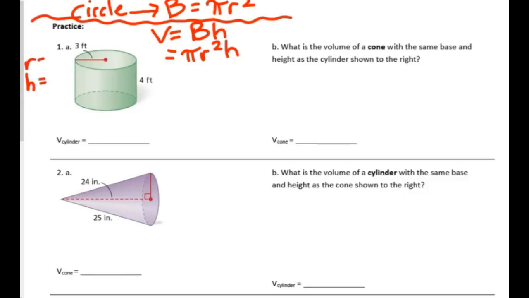What is h? So what is r? 3. And what is h? Okay. So, pi 3 squared 4. I'm going to put these in parentheses, okay, because we're plugging stuff in. We're substituting. So what we're going to type in, pi 3 squared 4, and that'll give us our answer, okay? Which is not too hard. You just got to know what capital B stands for.